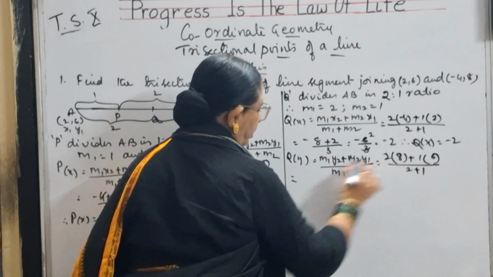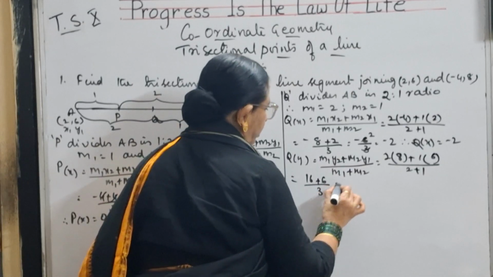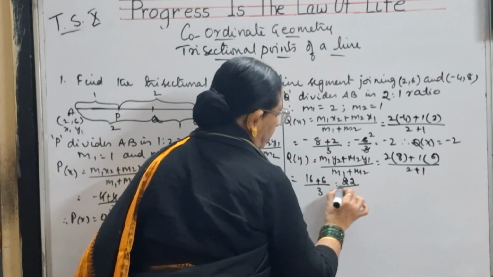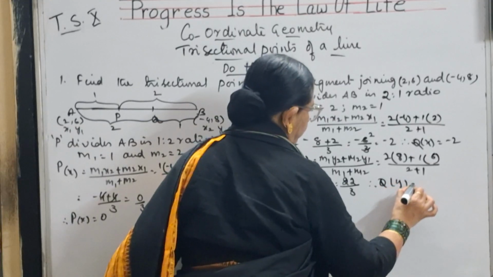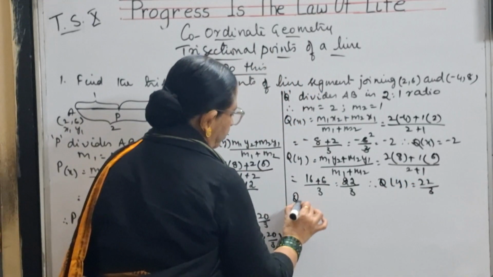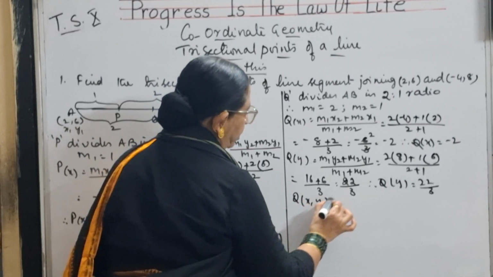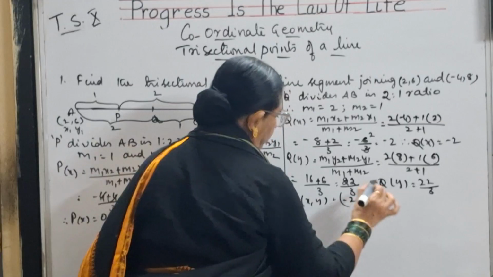That is equal to 2 eights are 16 plus 6 by 3, that is 22 by 3. So Q of y is equal to 22 by 3. So Q of x comma y is equal to minus 2 comma 22 by 3.